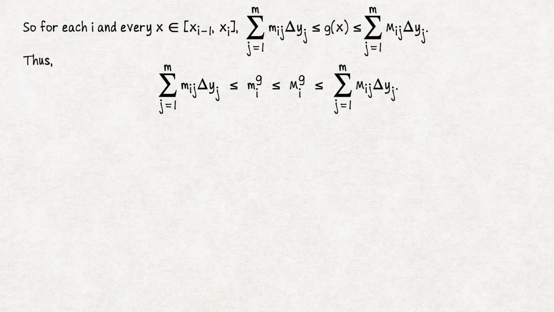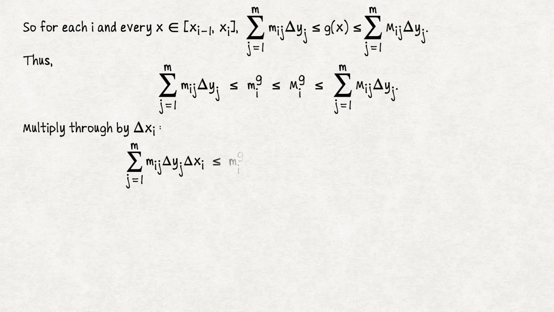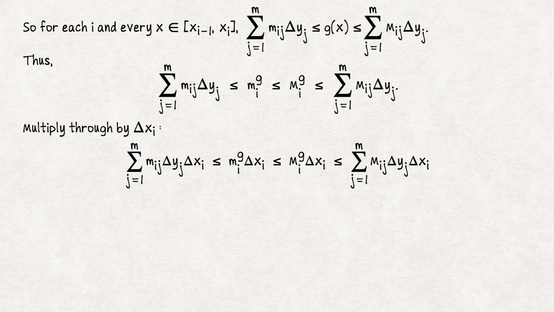Okay, now what we're going to do with these 4 expressions is multiply each of them by delta x sub I. That's a positive quantity. It's just the width of the ith subinterval, so we preserve the inequality. This chain of inequalities is true for every index I from I equals 1 to I equals n.